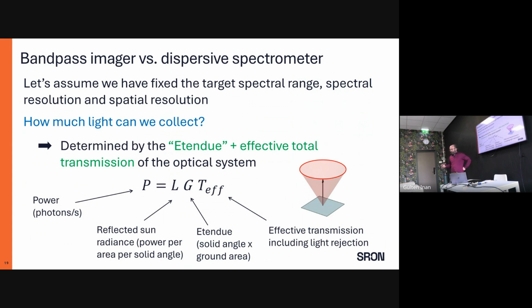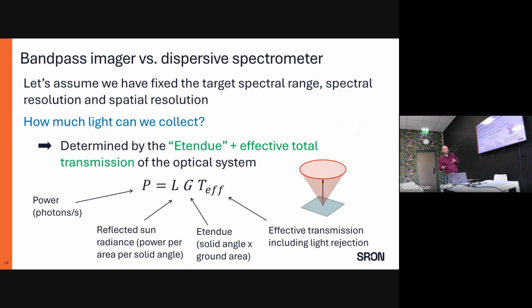For example, if you reject a lot of light. So I've written down here an easy formula, which is basically what's the power. The power you get from an instrument is the reflected sun radiance times the étendue times the effective transmission. What is the radiance, which is basically this here. It's an area times a solid angle.